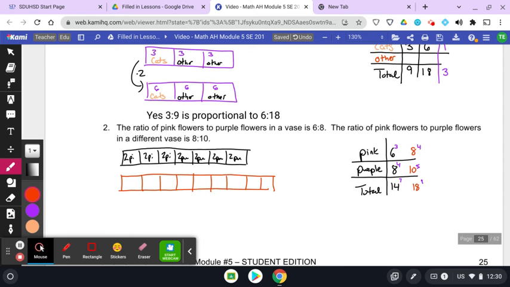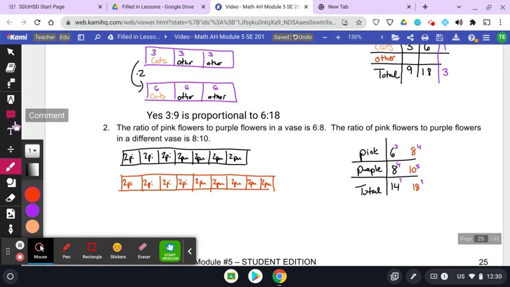Okay, they have 4 sections of 2 pink flowers, and 5 sections of 2 purple flowers. So I can see from my chart and from my bar model that those are not structurally the same. They're not proportional.